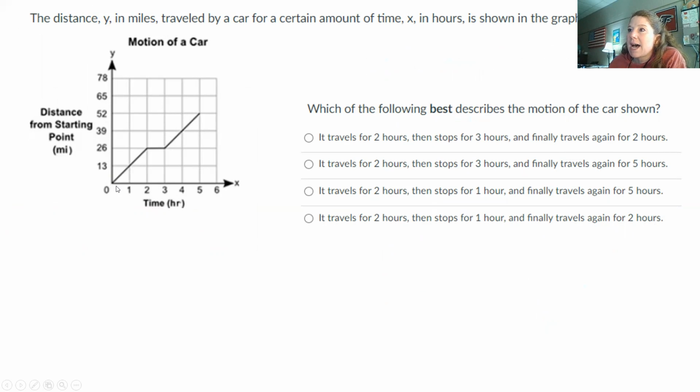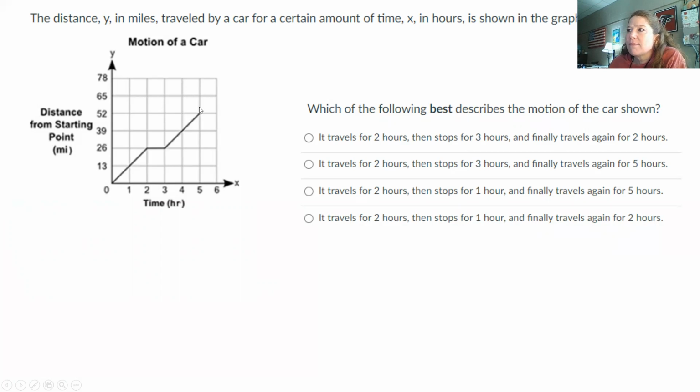In 1 hour, we were 13 miles from our starting point. 2 hours, we were 26 miles. And then for the next hour, even though the time continued, our distance from the starting point did not continue. It was constant. And then for the next 3 hours, we traveled at a rate of 13 miles per hour.